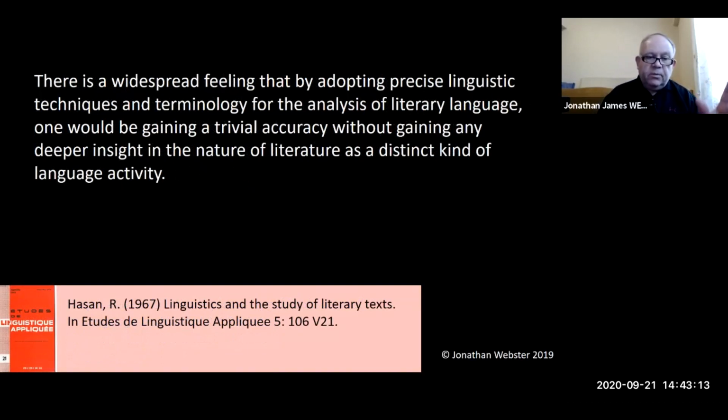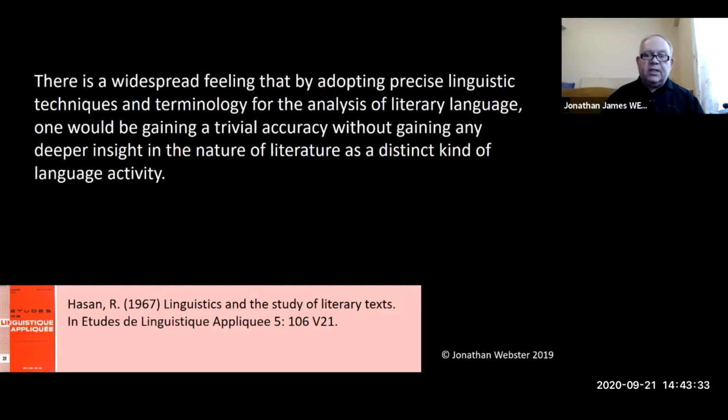In another paper, she writes this: there's a widespread feeling that by adopting precise linguistic techniques and terminology for the analysis of literary language, one would be gaining a trivial accuracy without gaining any deeper insight into the nature of literature as a distinct kind of language activity.